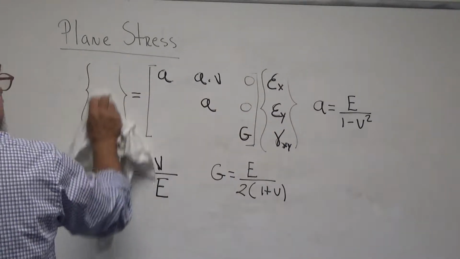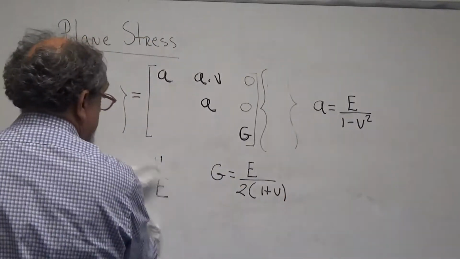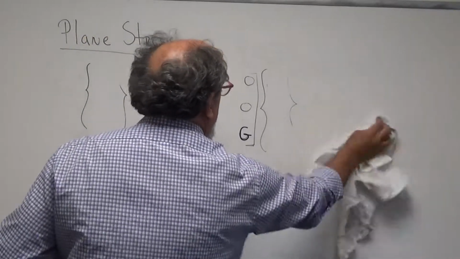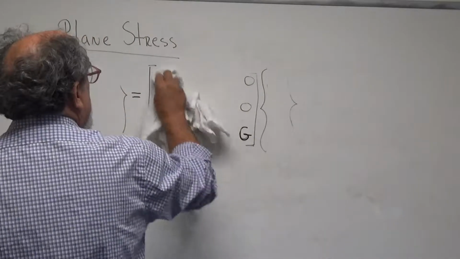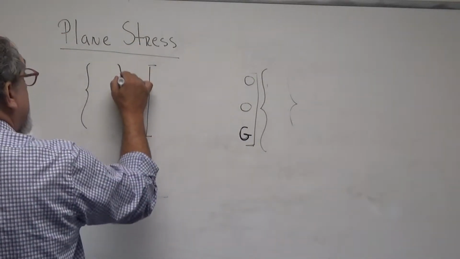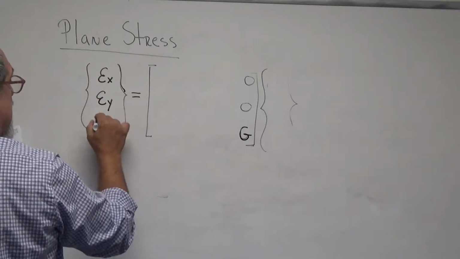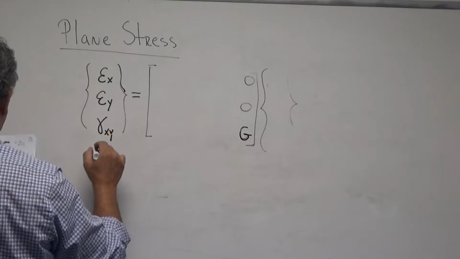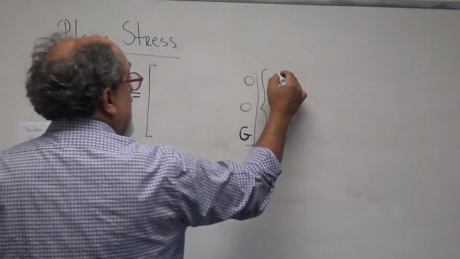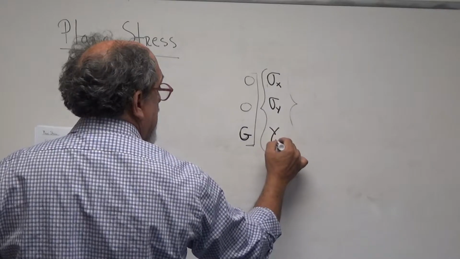So if I do that, then we would have epsilon x, epsilon y, and gamma xy equal to a matrix times sigma x, sigma y, and tau xy.